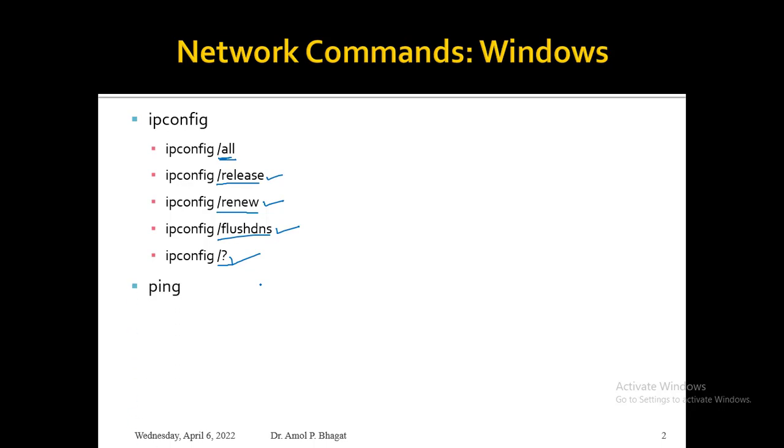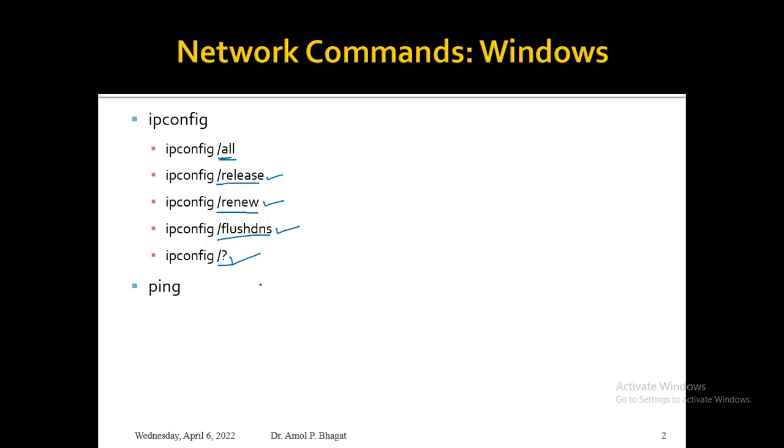The next command is ping, right? In front of this ping command you can specify a specific IP address or even a URL, right? So this ping command is used to test whether one network host is able to communicate with another or not, right?